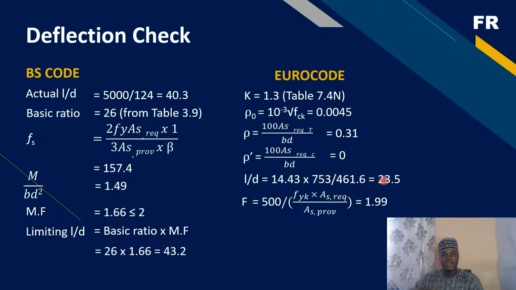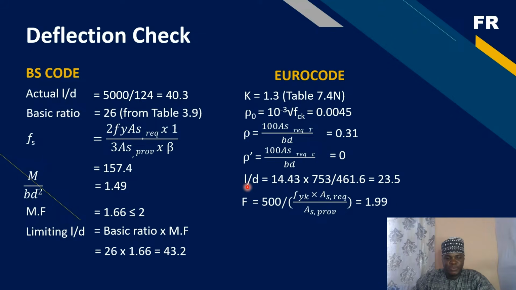So if you have an fy that is less than 500, the code recommends that you use this formula. Whatever you got here, you multiply it by the basic ratio. So if you substitute fy, our fy in this case was 410, then As required of 461.6 divided by As provided of 753, at the end of the day, you have 1.99.